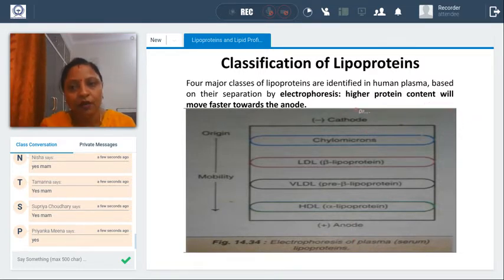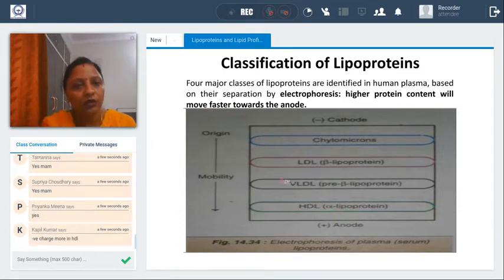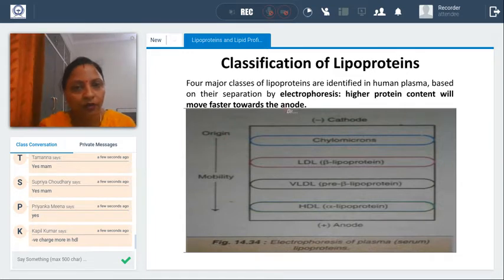Chylomicron at origin, VLDL pre-beta, LDL beta lipoproteins, and then HDL alpha lipoproteins. HDL contains highest protein, so they move faster towards the anode. So is it clear to all of you?